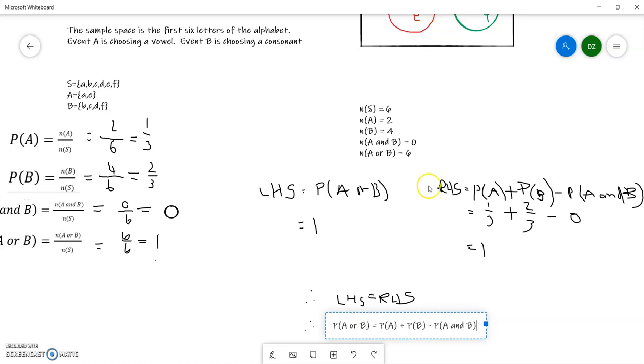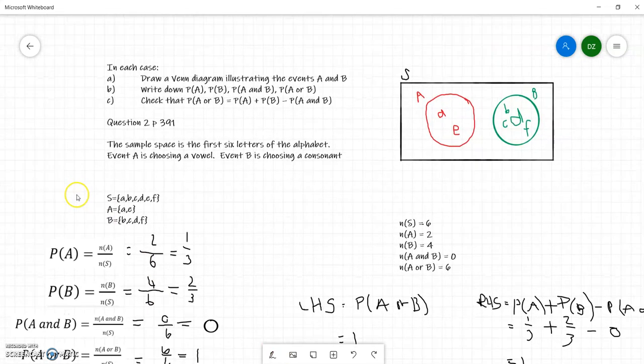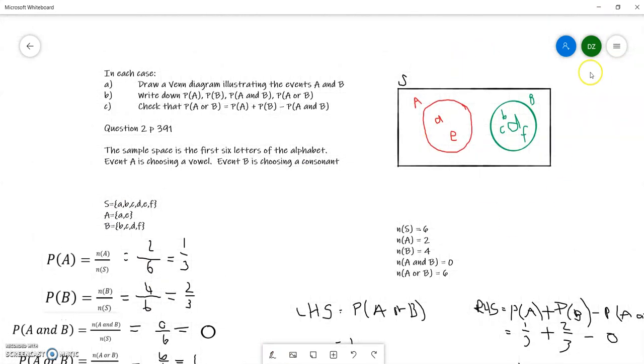So let's just do a very quick recap. Venn diagram over here. I have my two events A and B, and in this case we call them disjoint sets because they're completely separate. They do not share any of their elements inside.